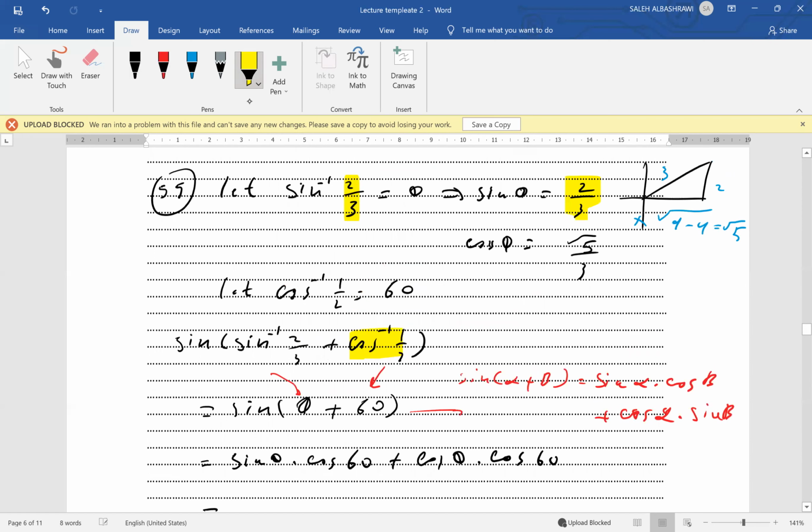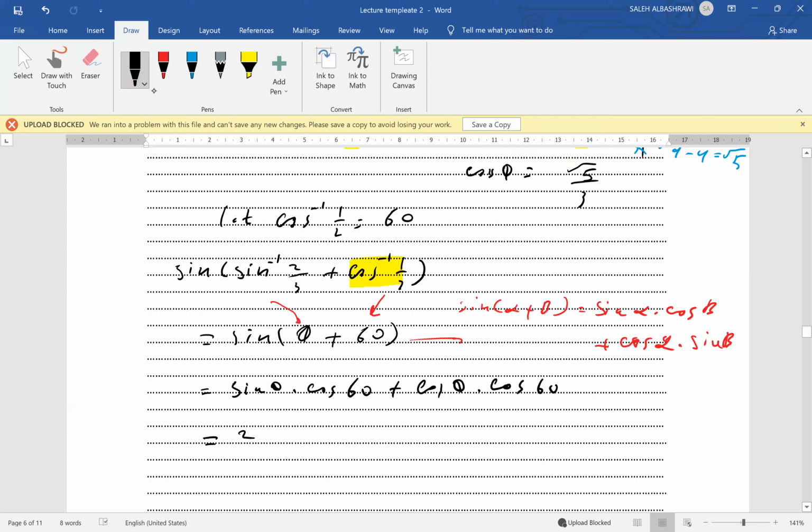So I have 2 over 3 multiplied by cosine 60, which is equal to 1/2, plus cosine theta, which is equal to square root of 5 divided by 3, multiplied by sine 60, which is equal to square root of 3 divided by 2.